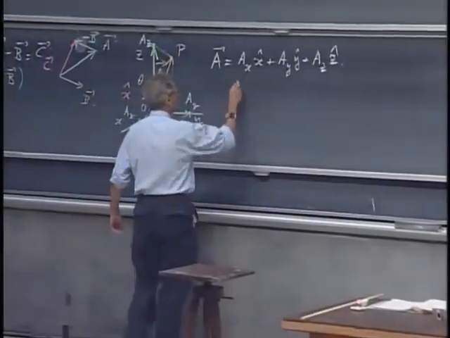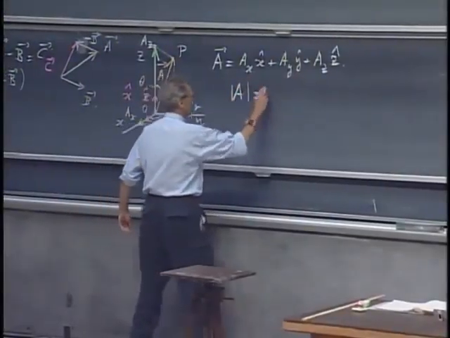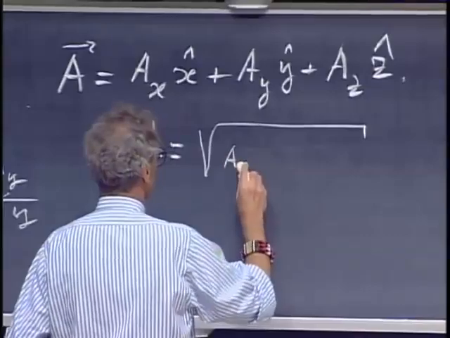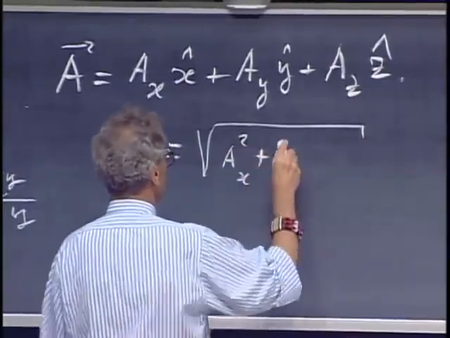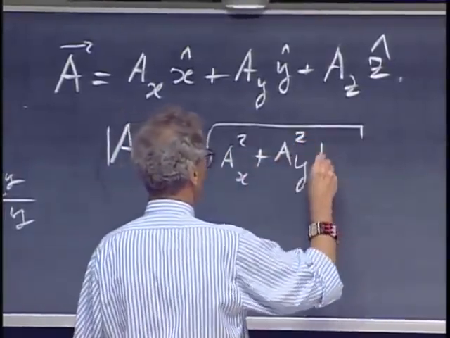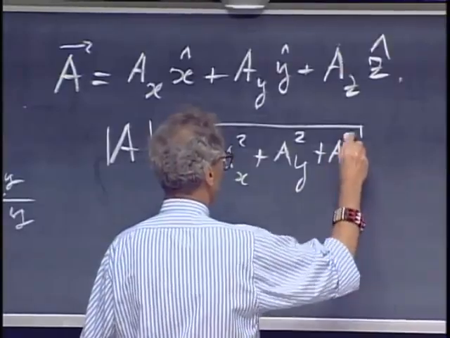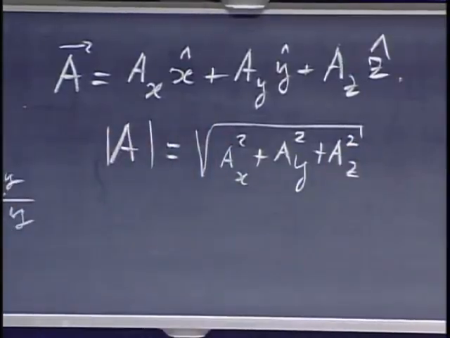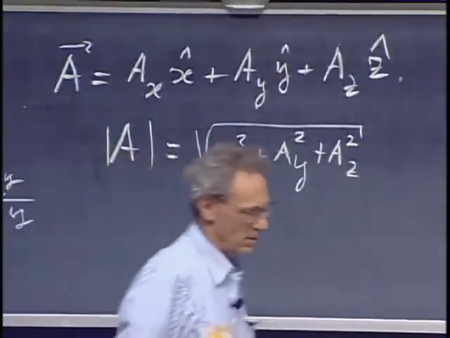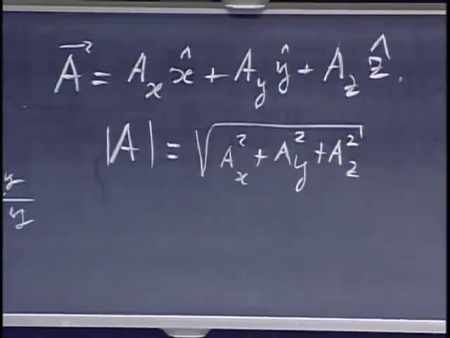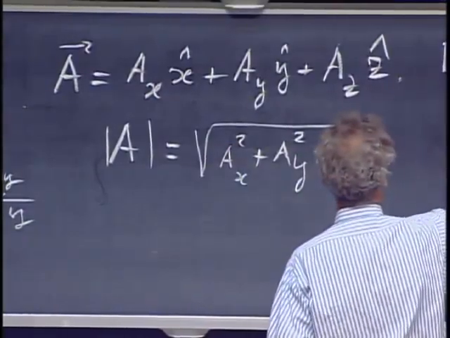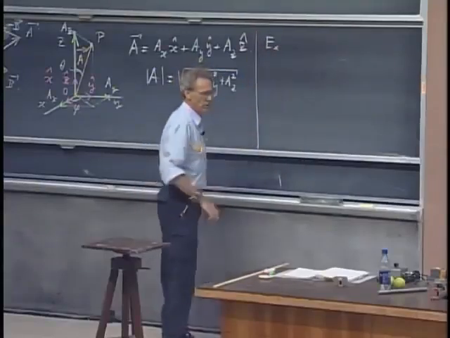The magnitude of the vector is the square root of A of x squared plus A of y squared plus A of z squared. And so we can take a simple example. For instance, I take a vector A. So this is just an example to see this in action.